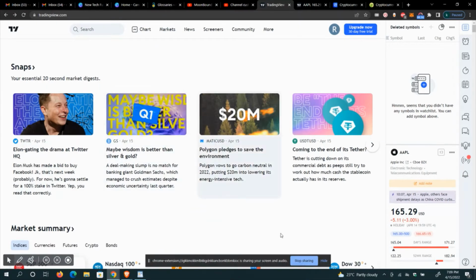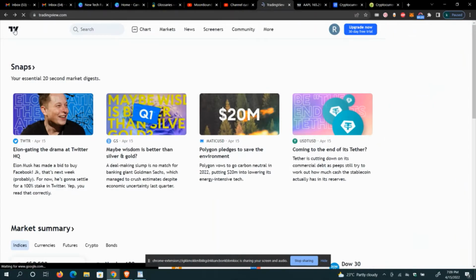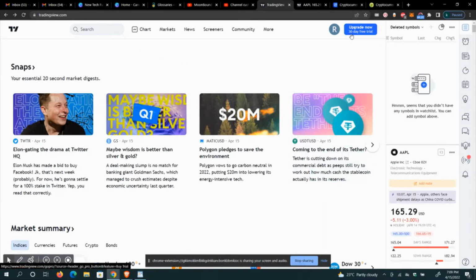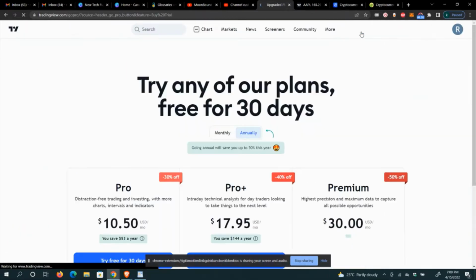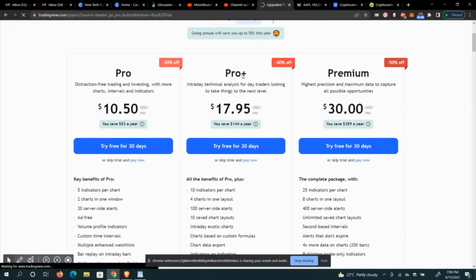So we need to go to the website, which is stated here, which is tradingview.com. If you go to tradingview.com, it looks something like this currently, because I think they tend to update it from time to time. But it's like this because I just signed up. This is a new TradingView account, which whenever you sign up for it, you get a 30 days free trial. But if you need to upgrade, they have different prices.